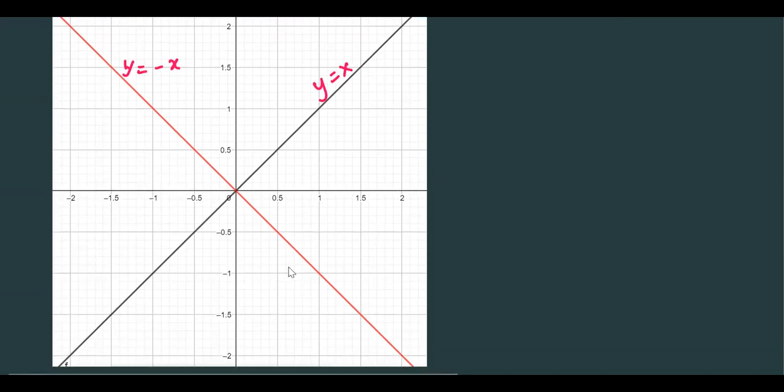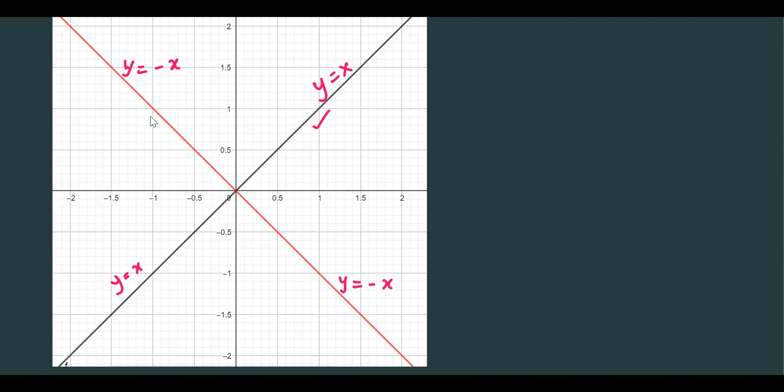When you look at x greater than 0, the y equal to x graph is lying above the y equal to minus x graph. So which is larger? This is larger. And when we look at the negative x-axis, the y equal to minus x graph lies above the y equal to x graph.